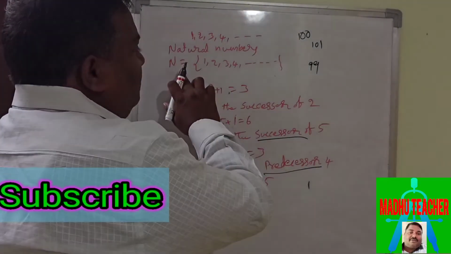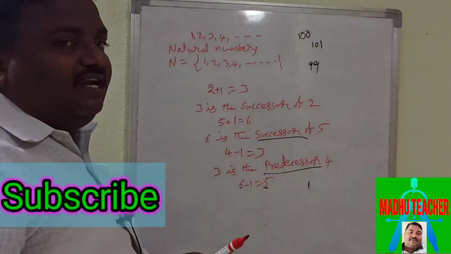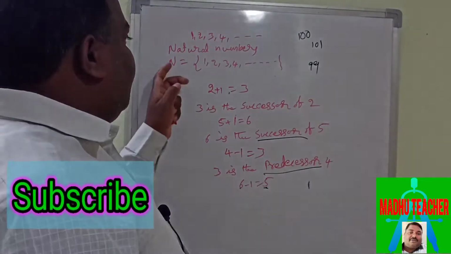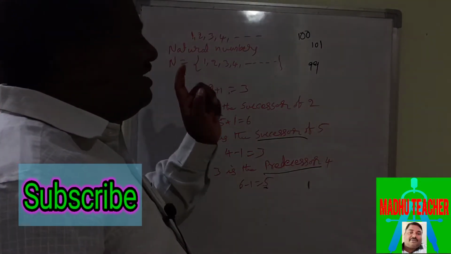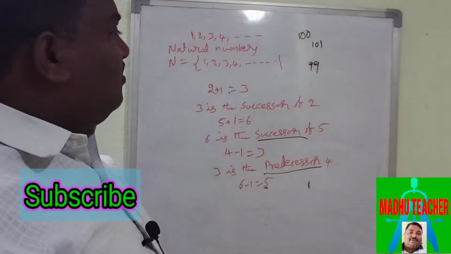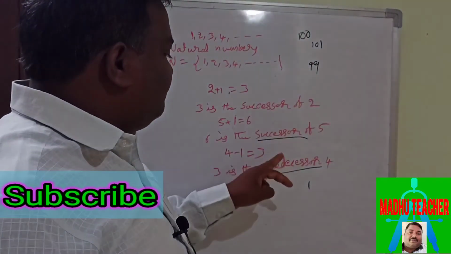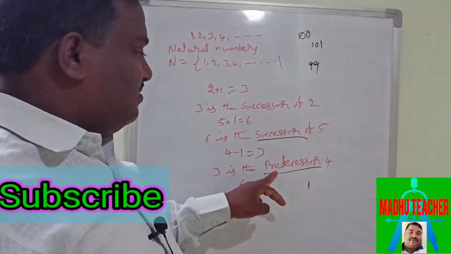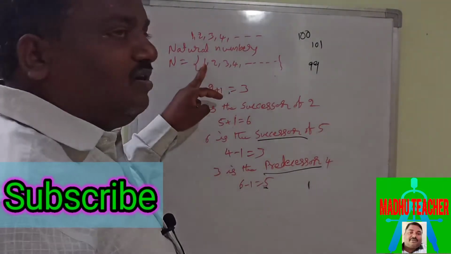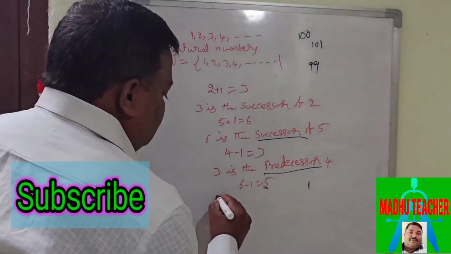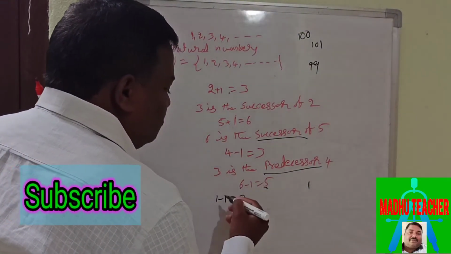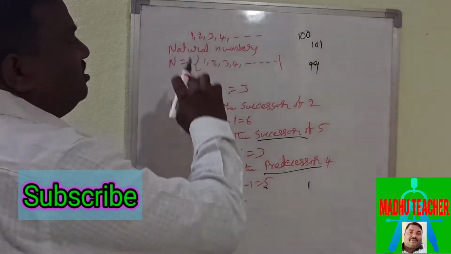In the natural number set, 1 is the least natural number, so it doesn't have a predecessor. Subtracting 1 from 1 gives 0, and 0 is not in the natural numbers.